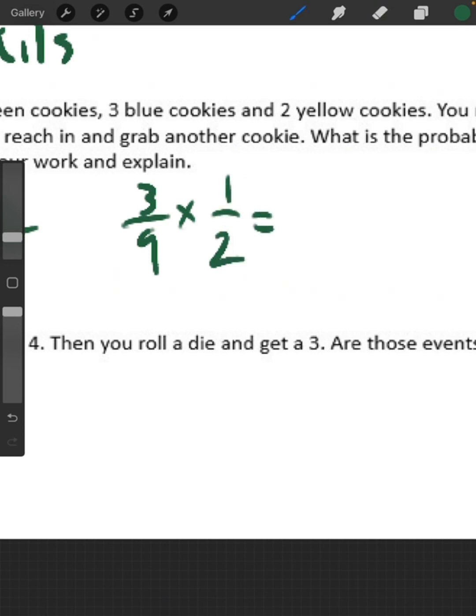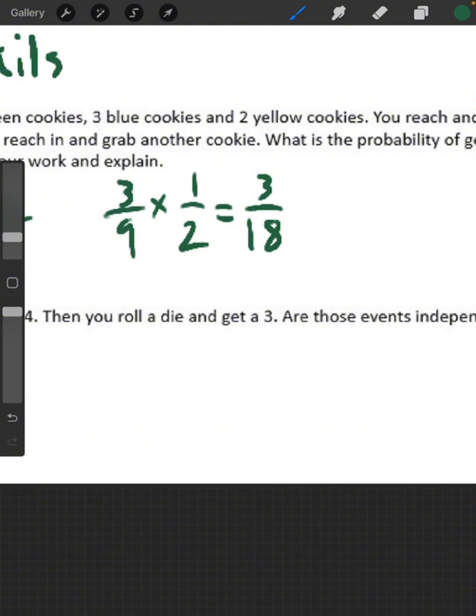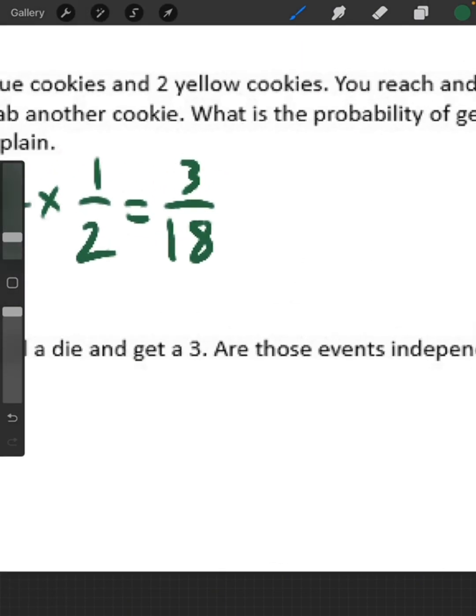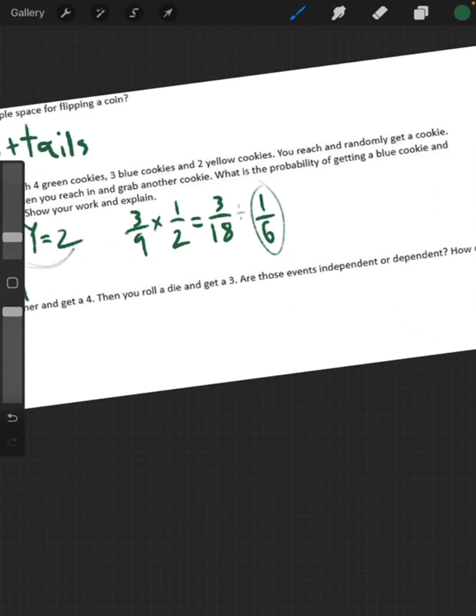Now we multiply those together. 3 times 1 equals 3. 9 times 2 equals 18. You divide both the top and bottom by 3 to get the simplified answer, 1/6. And that's the answer for the second question. I totally did not pull up my calculator for that.